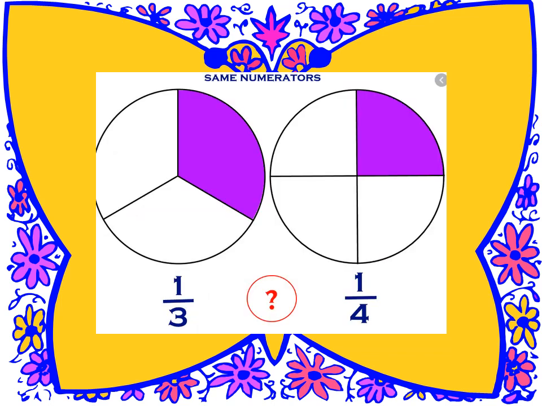In this example we have two fractions with the same numerator. In this case we compare the bottom numbers 3 and 4. 4 is greater, so 1 out of 4 makes a smaller fraction. So in this case 1/3 is greater than 1/4.